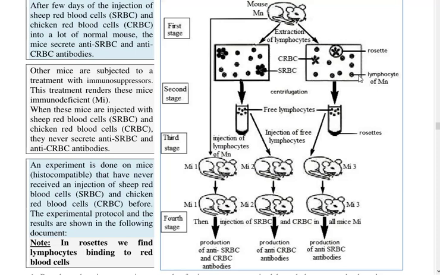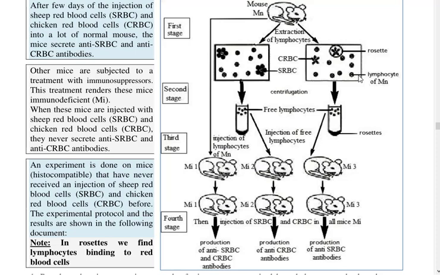Lymphocytes of MN، بعدين free lymphocytes we separate them. شلنا الروزات، يعني lymphocytes binding to SRBC أو CRBC. بعدين injection of the free lymphocytes لـ mice 2 و 3. أما الـ mice 1 أعطيناه injection of lymphocytes from MN.